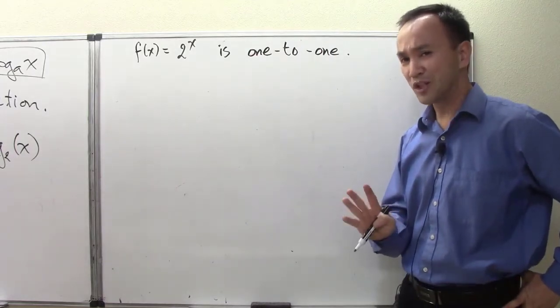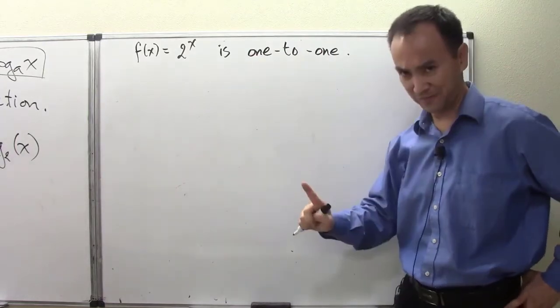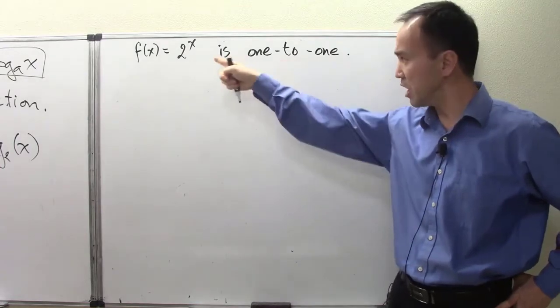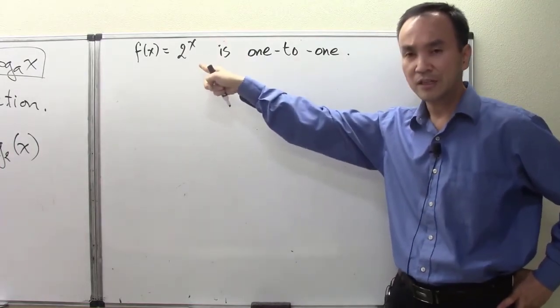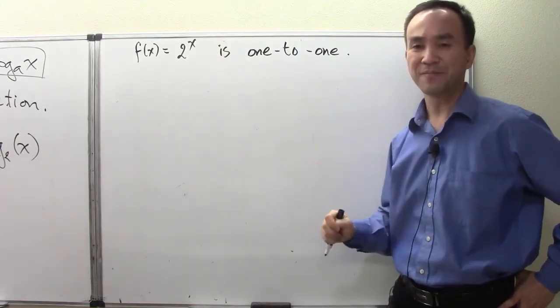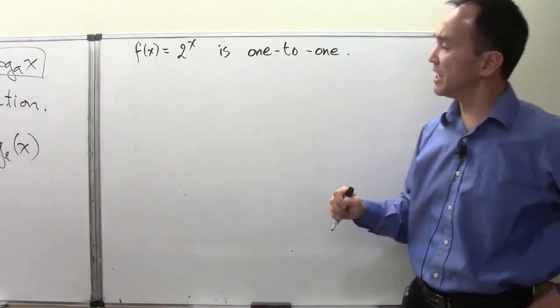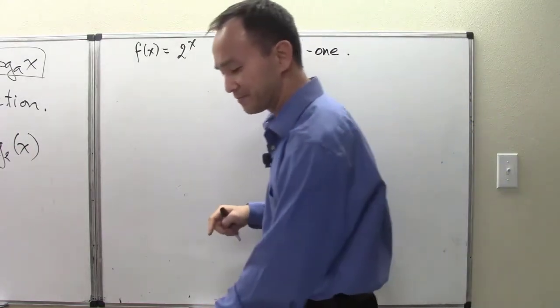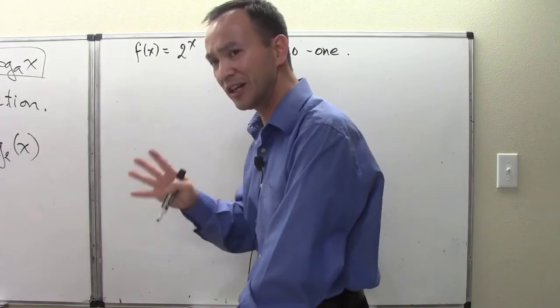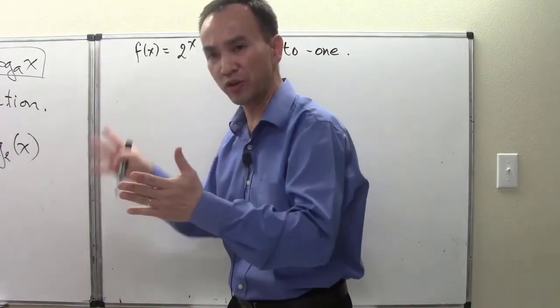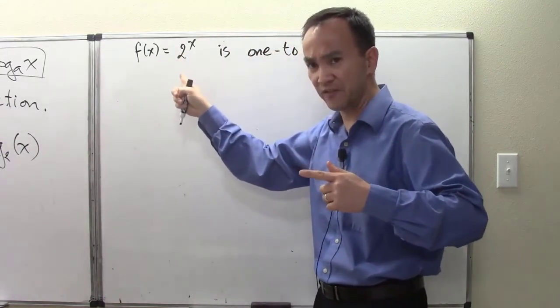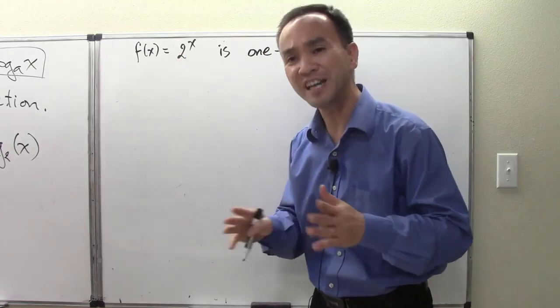Once we know that it's a one-to-one function, we know it will have an inverse. We know this specific function will have an inverse. So in that way, we actually learn this solid method: if we know this function will have an inverse, then we can go ahead and find the inverse.